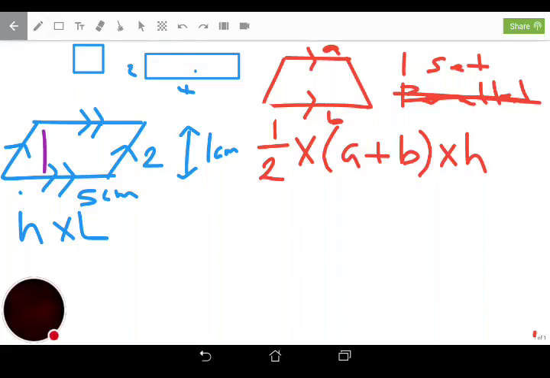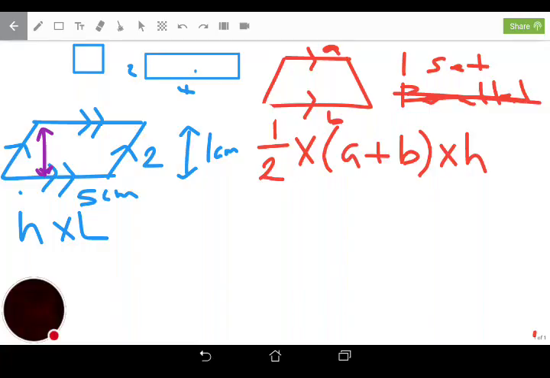It is the measurement between the parallel lines. If I was using 5 as my base, I'd be looking at this height here, from this parallel line to this parallel line. Sometimes we need to use trigonometry and Pythagoras to work out the area of these. So I'll show you that in a moment.